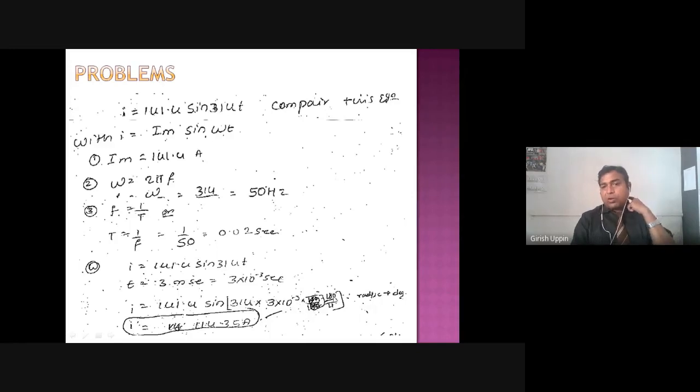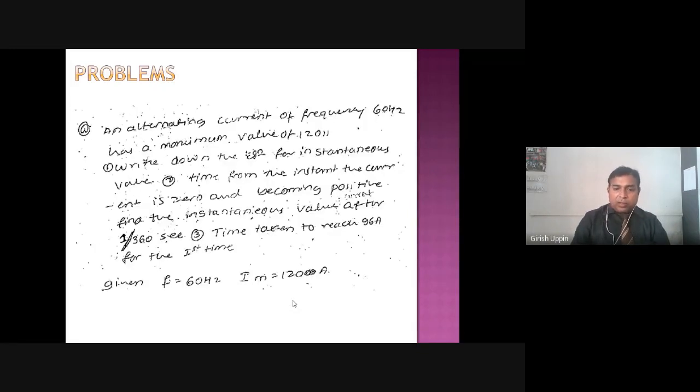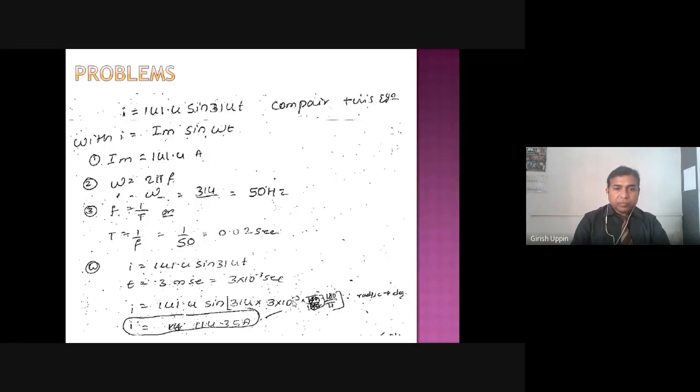And if you want to convert it into degrees, if you are using your calculator in degree mode, multiply this quantity with 180 divided by pi. That is how you convert radians into degrees. Then apply the sine of this angle and multiply with 141.4.